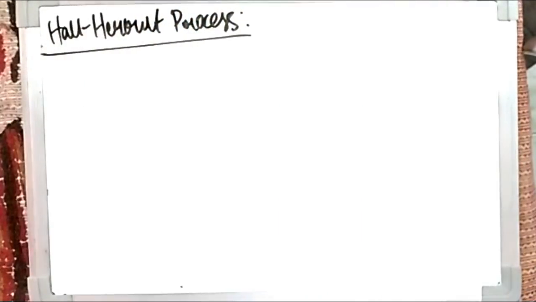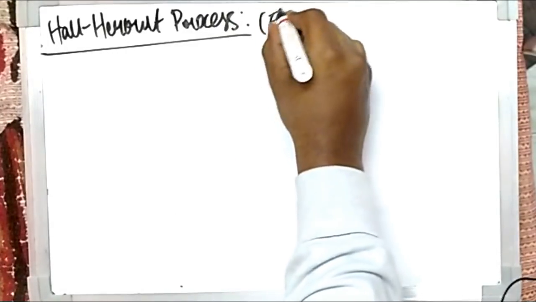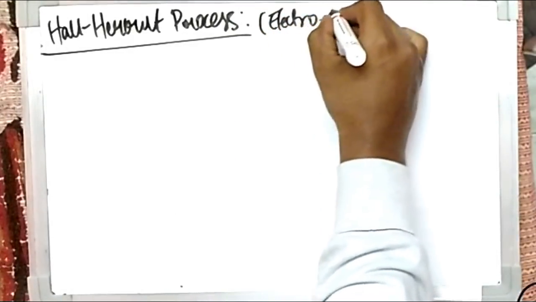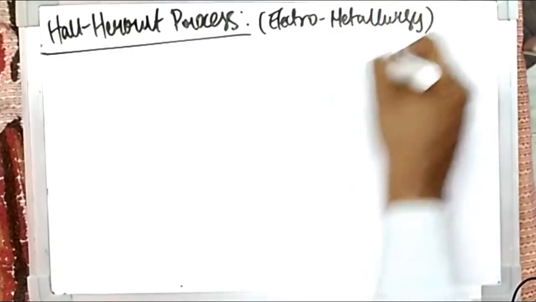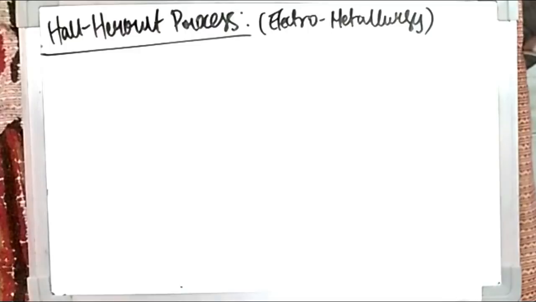As I already said, Hall-Héroult process is a type of electrometallurgical process. So I'll quickly draw the cell. Here it is nothing but electrolysis only that will be taking place. So I'll briefly explain about the cell.